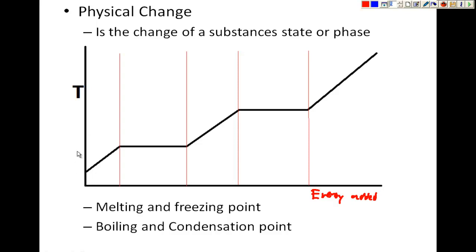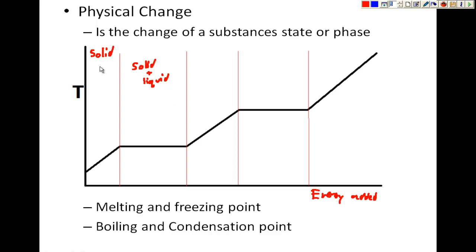So if this was way down here, it's going to be a solid, in between this point down here and this point right here. If this was for water, for example, this would be ice down here. Now, once it gets to this point right here, it's going to be solid and liquid.